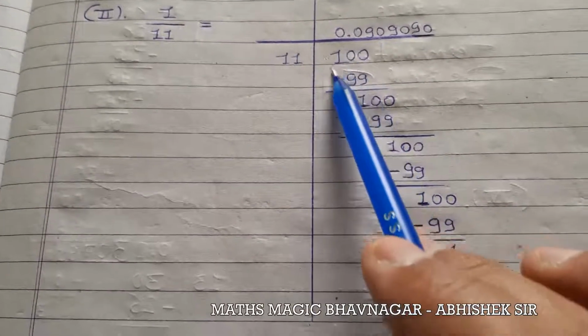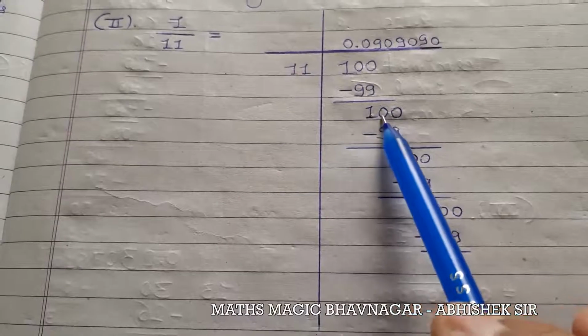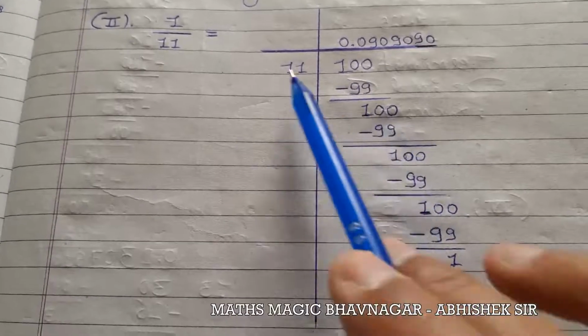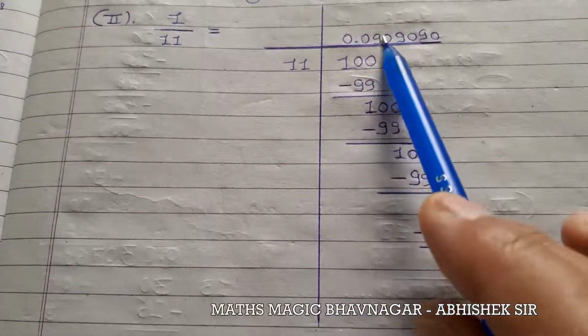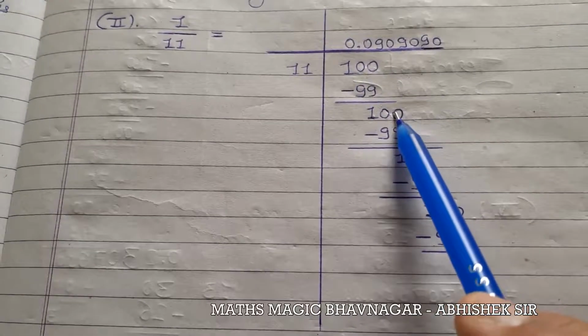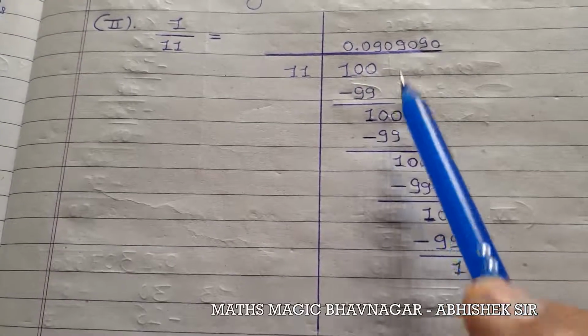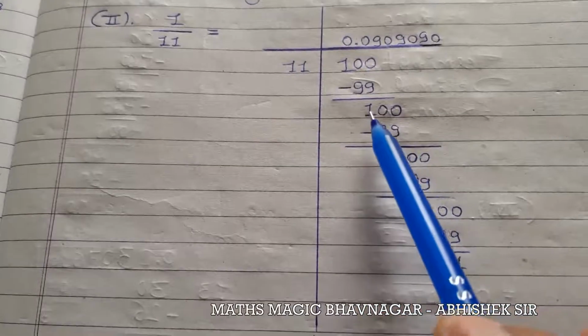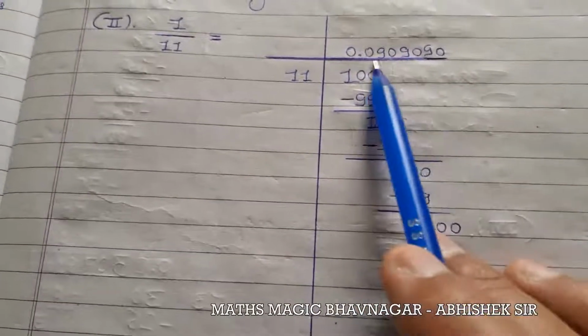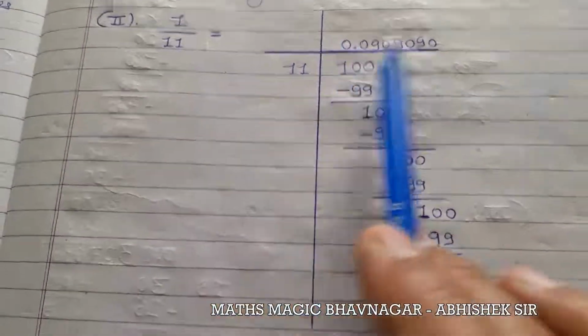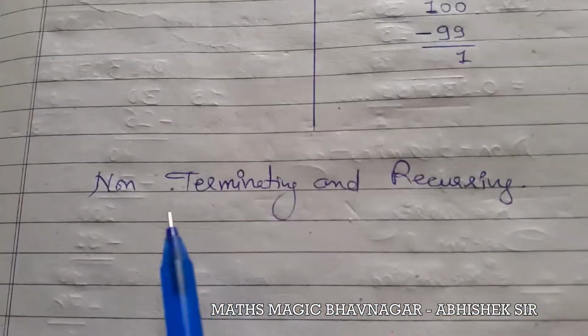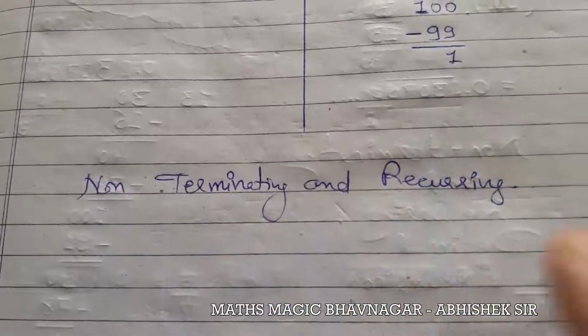So again we are getting the same value 1. Again 1 is less than 11, so we put 0. Now 11 9s are 99. So this process will continue: 0.090909. Two digits are constantly repeating or recurring, so this is non-terminating and recurring.